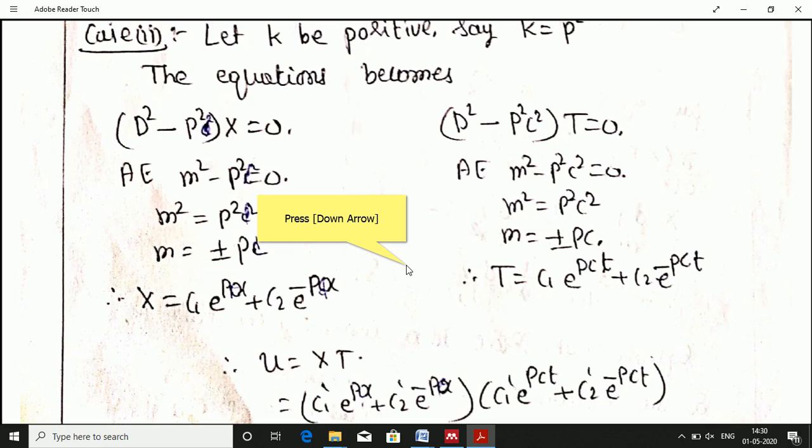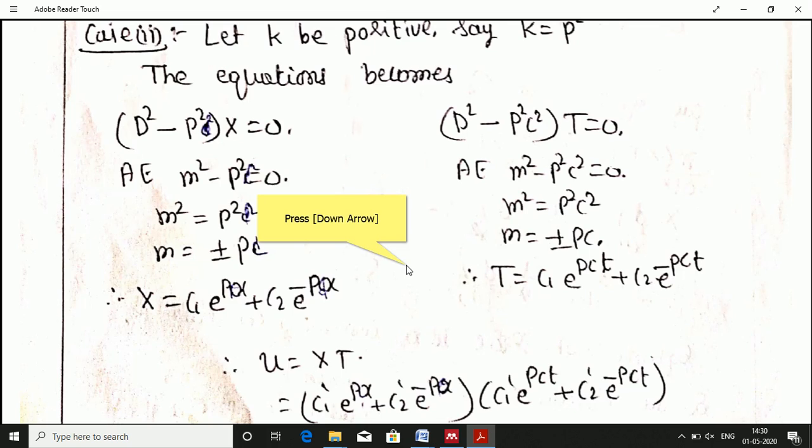For the second equation, the auxiliary equation is m² - p²c² = 0, so m² = p²c², m = ±pc.